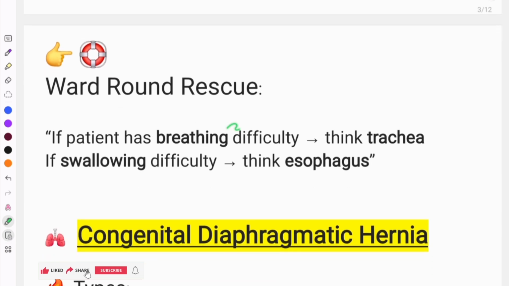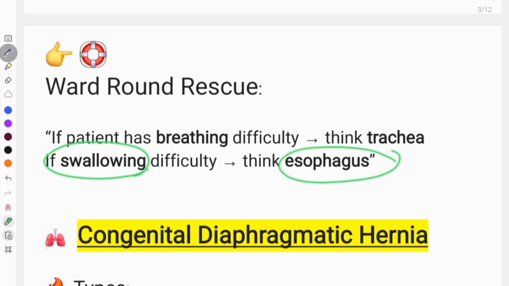If the patient has difficulty in breathing, the foreign object is in the trachea. If the patient has difficulty swallowing, you think about the esophagus.